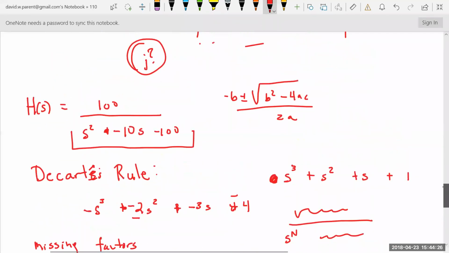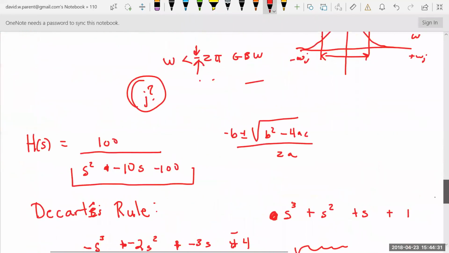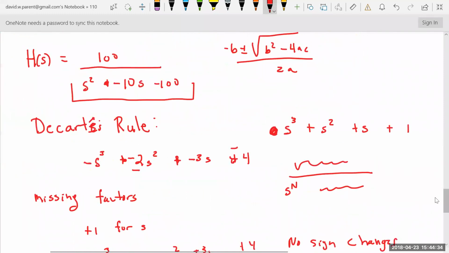Now, you could look at this equation and say, if I just looked at this, nothing's missing: S squared, S, S to the 0. Negative, negative, and this is positive. I need to make this positive, I need to make this negative, and I could just say I need a K something S that will manipulate this to make it positive.